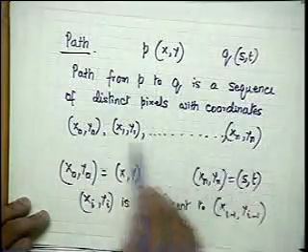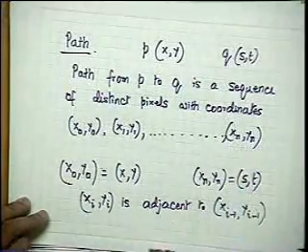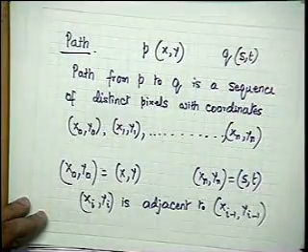Now in this case, this is the sequence from x0, y0 to xn, yn. Then what is the length of my path? Somebody has said n plus 1. It is not exactly n plus 1. The length of the path is only n.